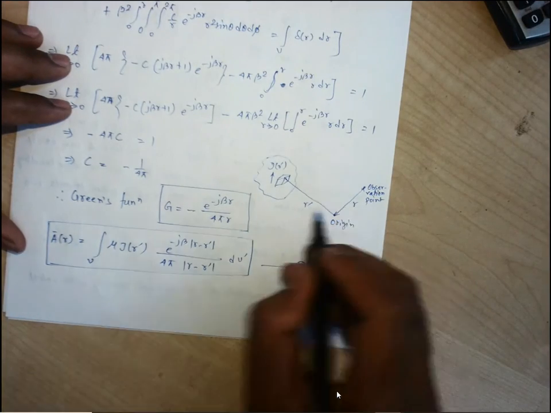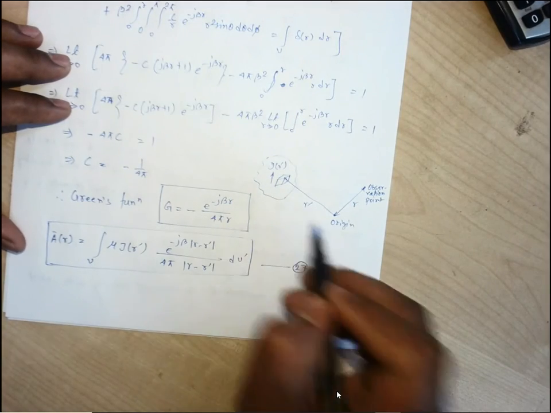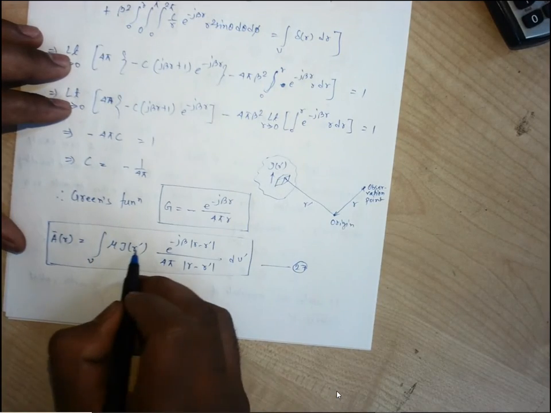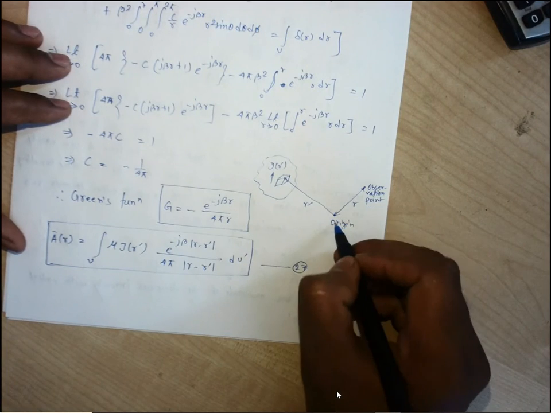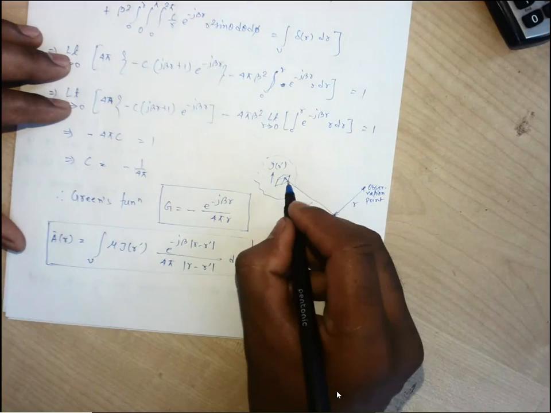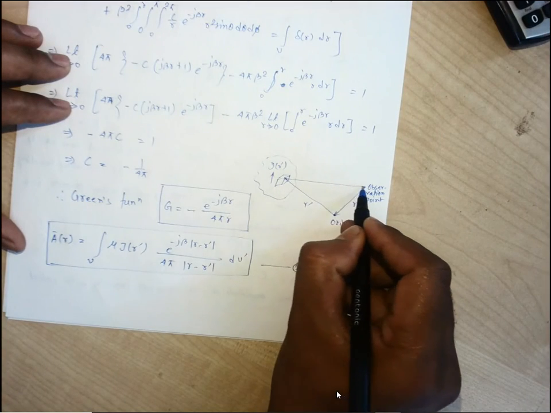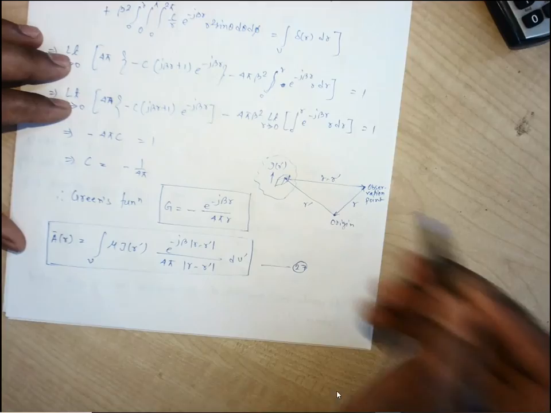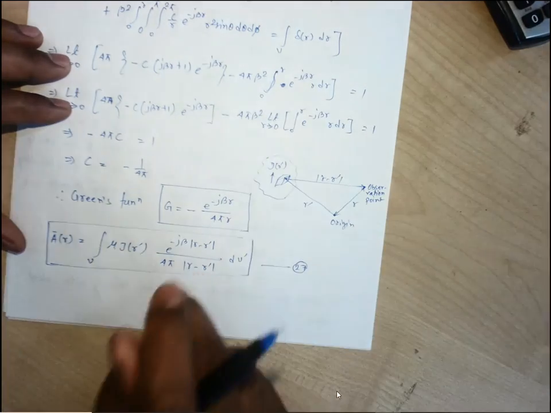So from the origin we are putting our source at a distance of r prime, that is J(r prime), and from this origin we are looking at the observation point which is at a distance of r. So from that source the observation point is at a distance of r minus r prime. That is what has been taken here.